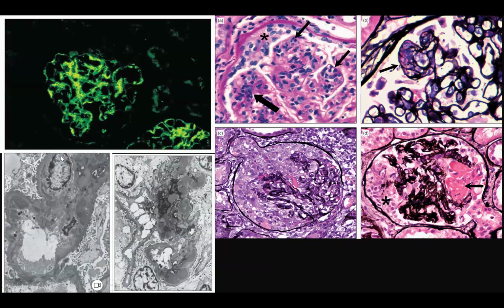If you look at the EM of such cases, this is the mesangial region, and here you are seeing the electron dense deposits, and the same deposits are also getting into the subendothelial space. So you can now predict what is going to happen in light microscopy.